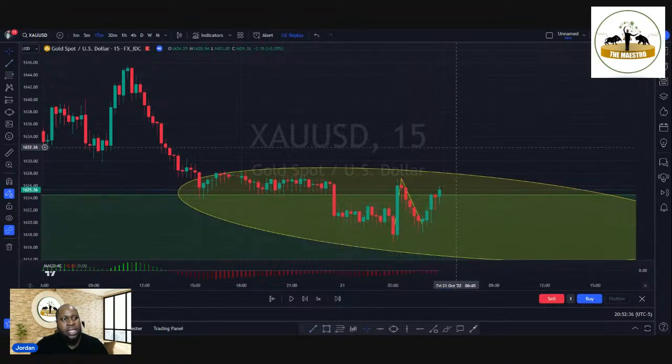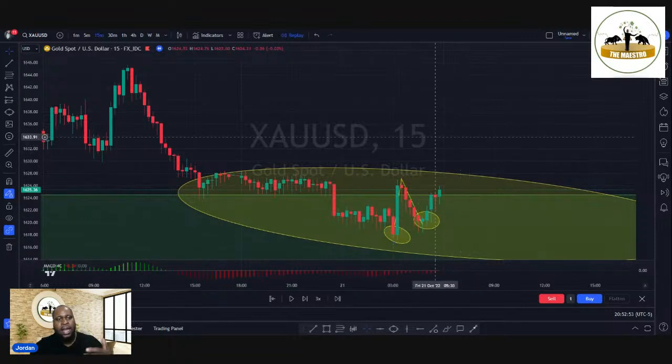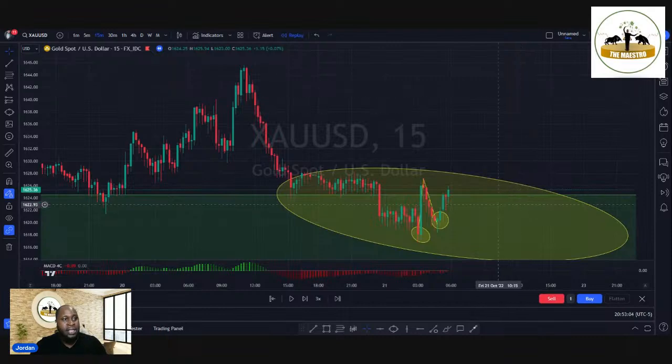But before we get to what's going on the upside, take a look at how the low that price currently formed compares to the previous low that it was at. This was the previous low, right? Price formed a higher low. In other words, the requirement for an uptrend. Price gave me a higher low again, okay? So for the downtrend, we're looking for the lower highs, but for the uptrend, we're looking for the higher lows.